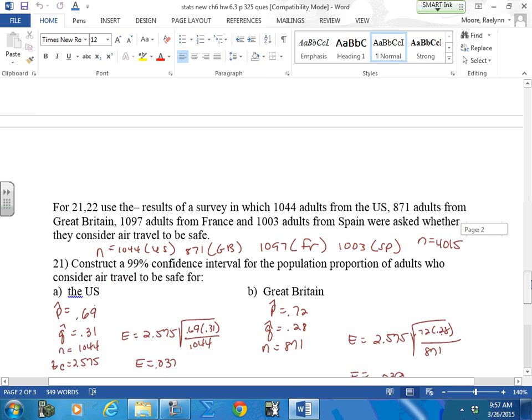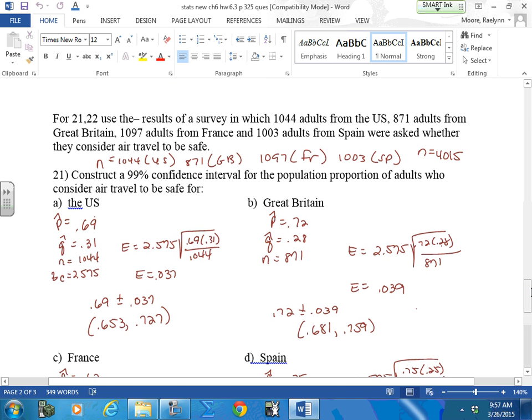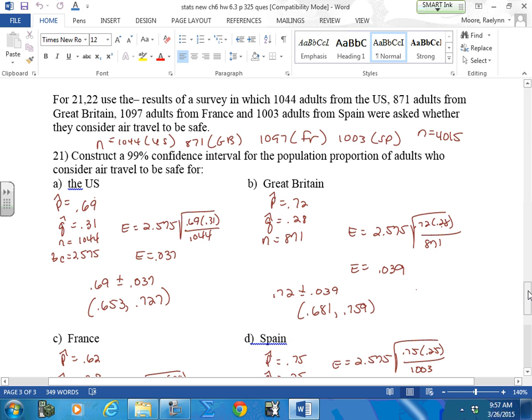And the last two, they gave you a chart with the percentages for United States, France, Great Britain, and Spain. Those were your P's. You had to do this 4 times.